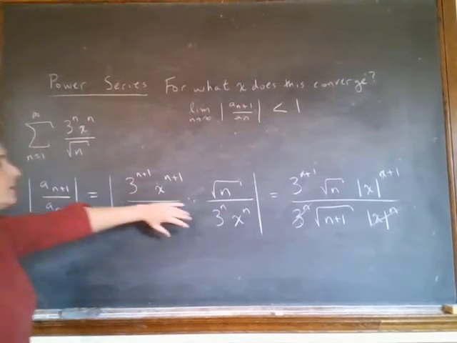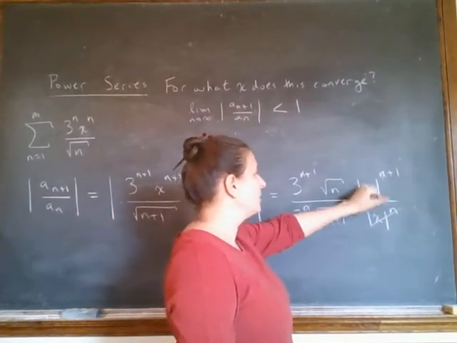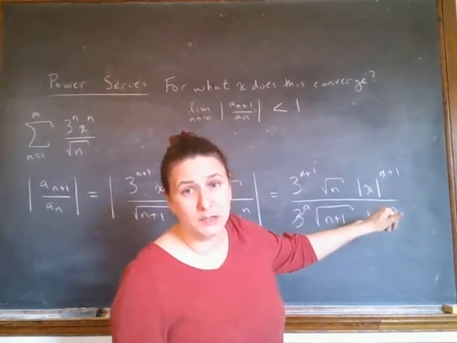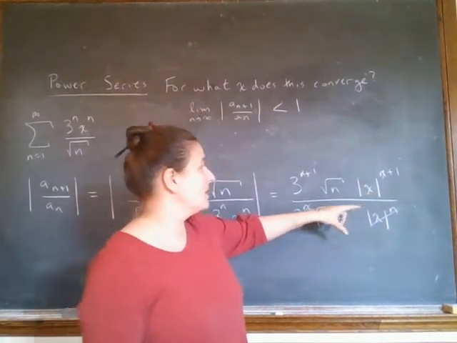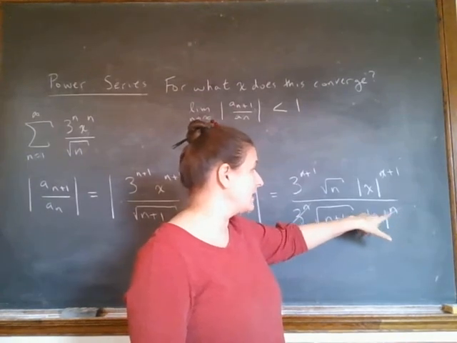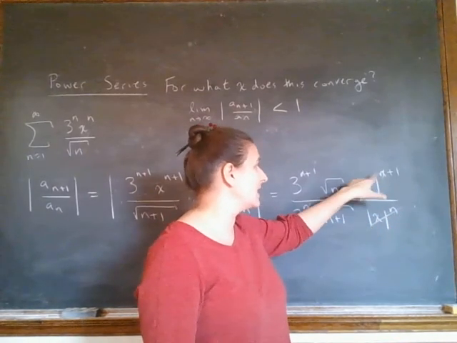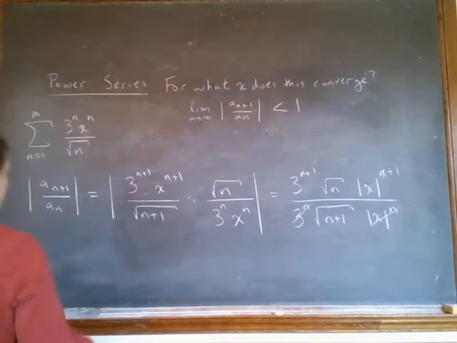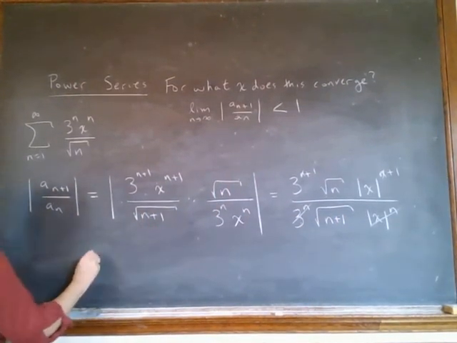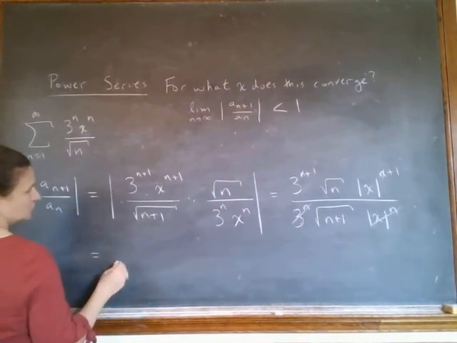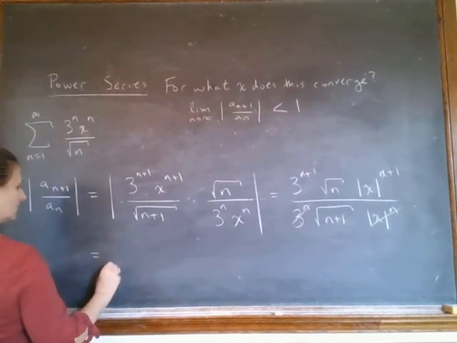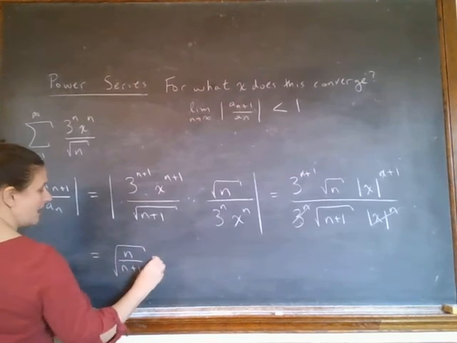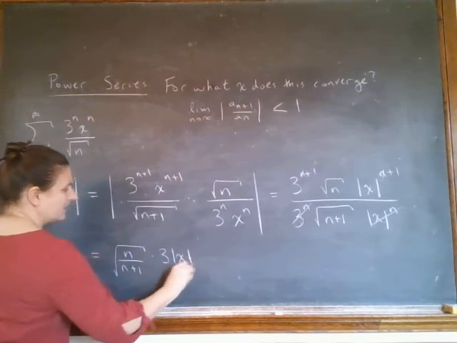And this is what should happen for your x terms, or x minus a, whichever one it is. What should happen is that the x to the n in the bottom is going to cancel the x to the n on the top, but you will be ending up with one absolute value of x. And whatever other garbage you happen to have. Right? So here we have this square root of n over n plus 1, and then we have 3 absolute value of x.